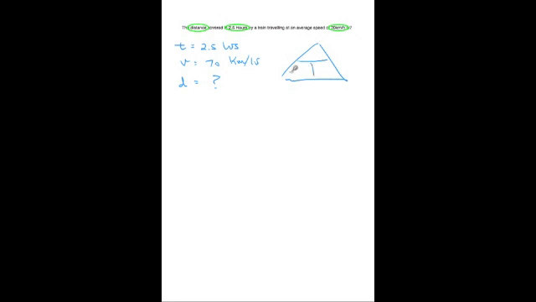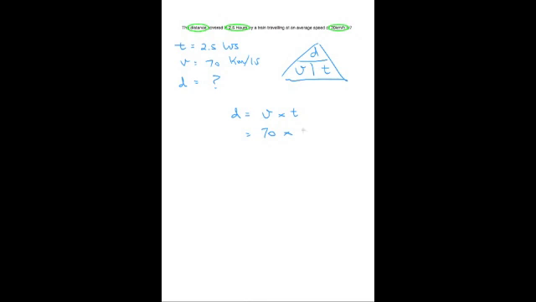We know that there is a relationship between average speed, distance and time, which can be expressed in this way. This tells us, of course, that distance is equal to velocity times time. Therefore, let's now substitute the values into the equation. So our average speed is 70 kilometers per hour.